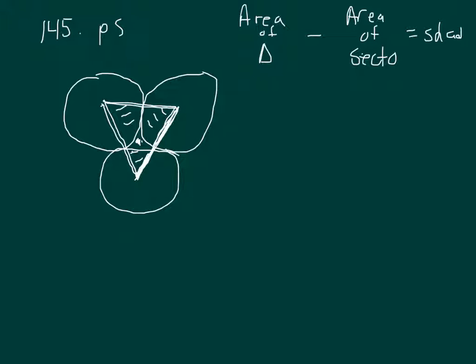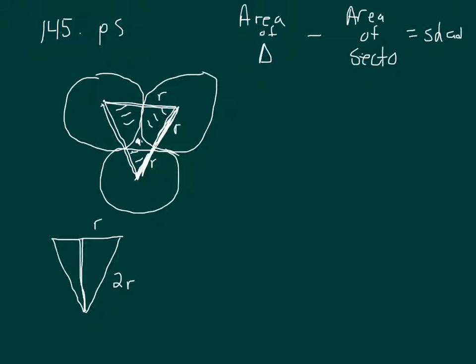Area of the triangle. If I look at this triangle, I'm going to drop a perpendicular down. And I know this here is R and that's R. So this side over here is 2R. And I know that's R, so that's R. So we can use Pythagorean theorem to find the height of this triangle, because when you find the area of a triangle, it's 1/2 base times height.